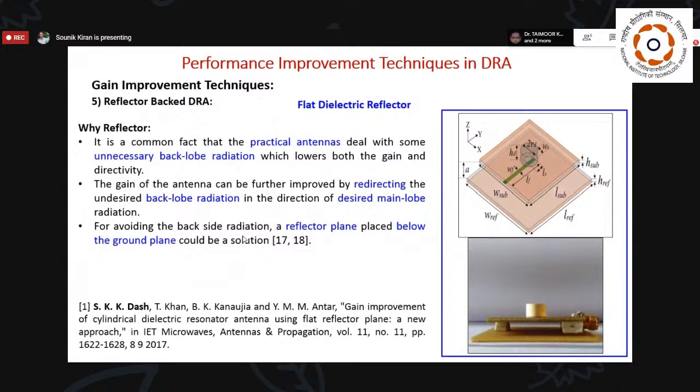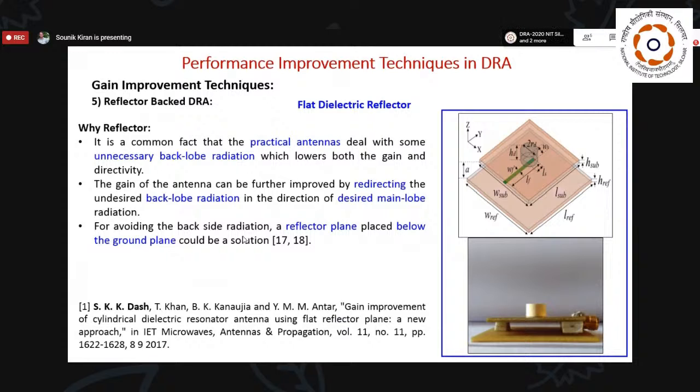It's a common fact that each practical antenna, when it goes for real field application, generally deals with some kind of unnecessary backlobe radiation. Because of that backlobe radiation, the gain and the directivity in the broadside are lowered. The gain of the antenna can be further improved by redirecting those undesired backlobe radiations in the direction of the desired main lobe.